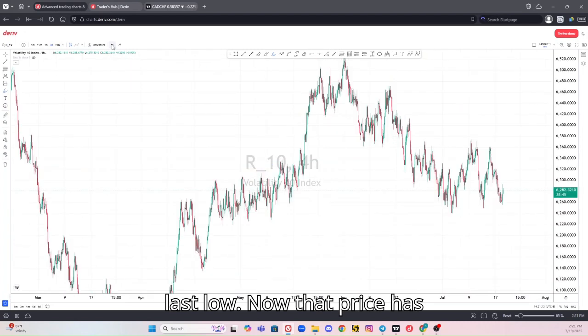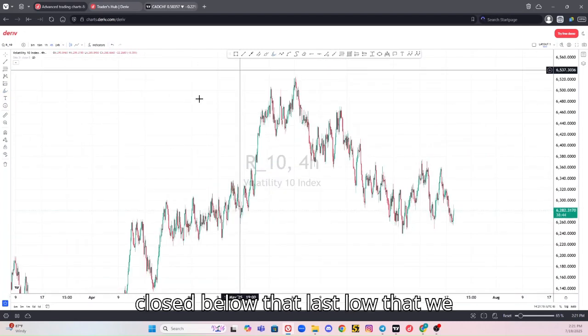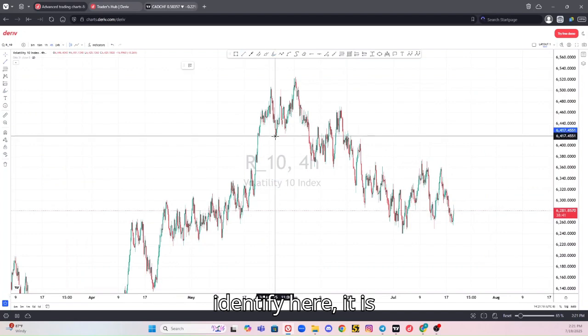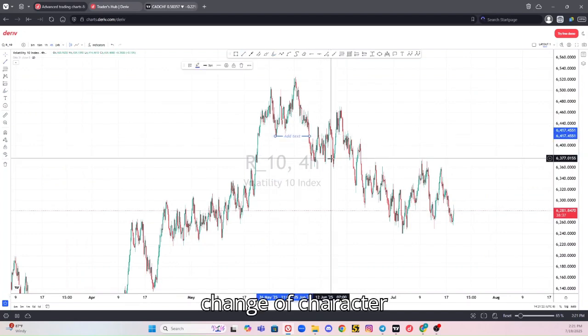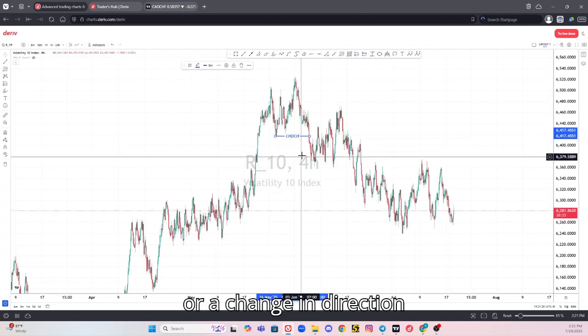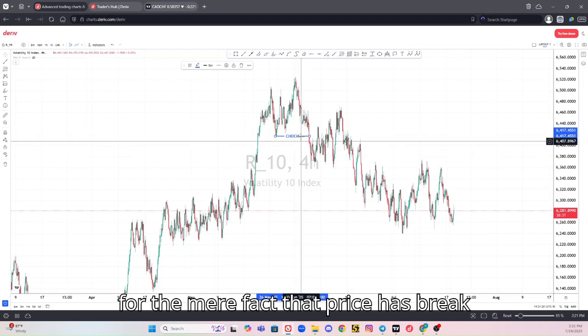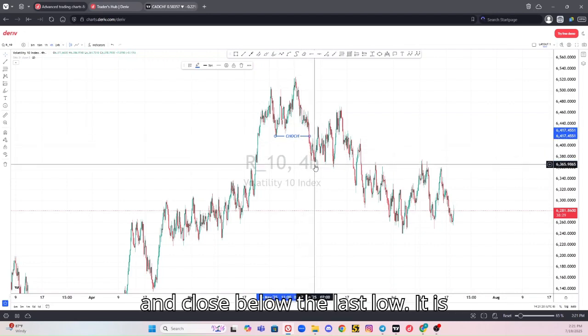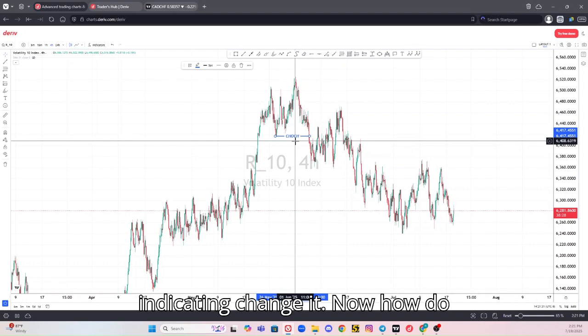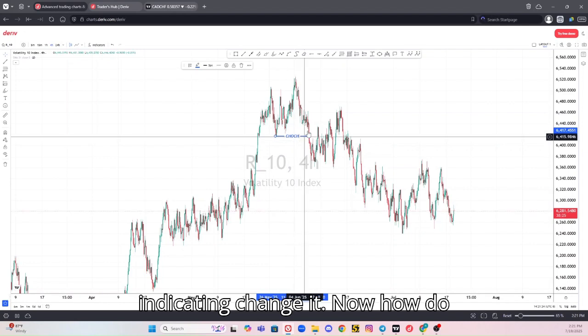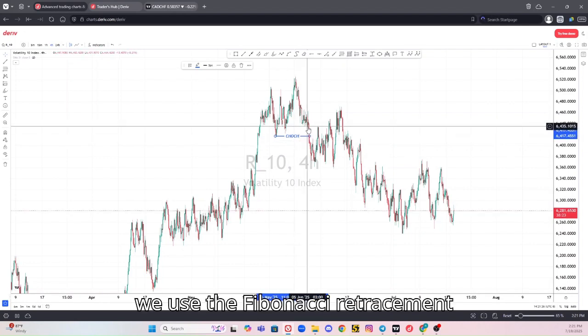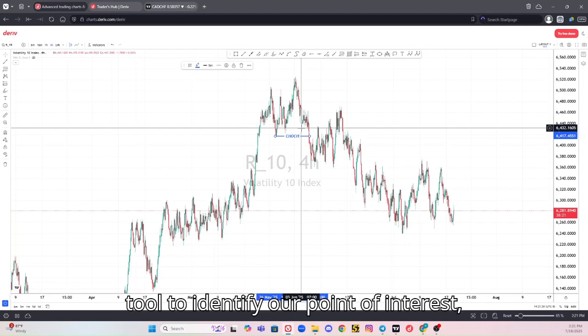Now that price has closed below that last low that we identify here, it is referred to as a change of character, or a change in direction, for the mere fact that price has broken and closed below the last low. It is indicating a change.